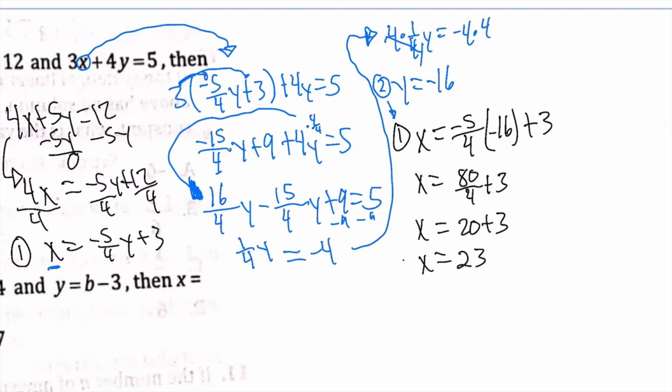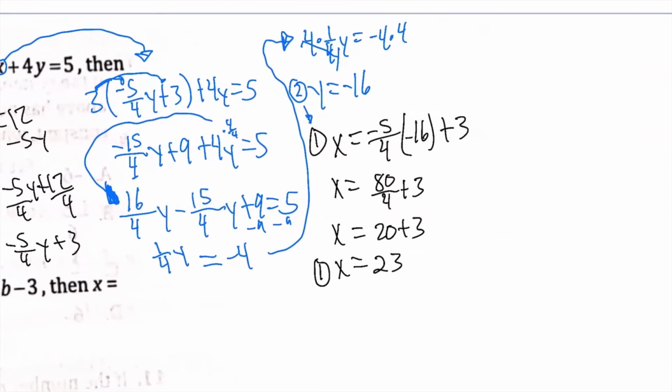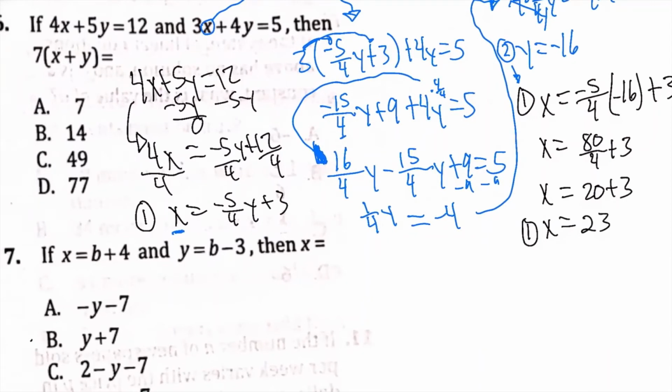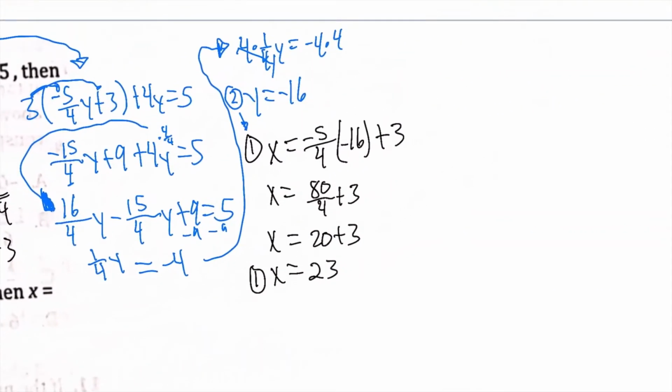Remember, this was my equation 1. So now I'm going to plug this in to this right here. 7 times x plus y is equal to what? So 7, my x value is 23.